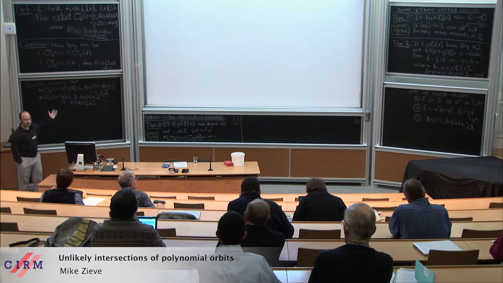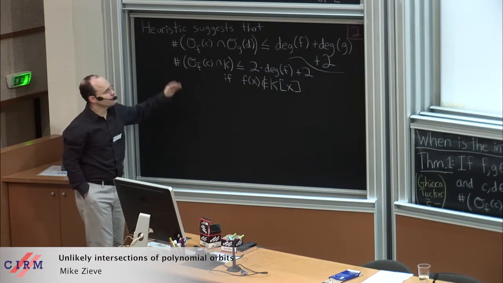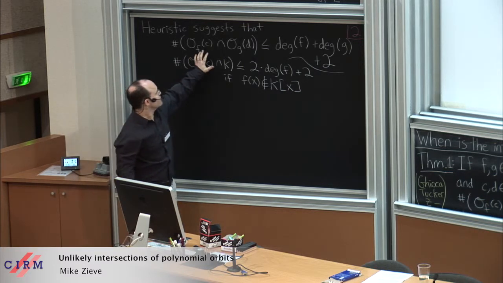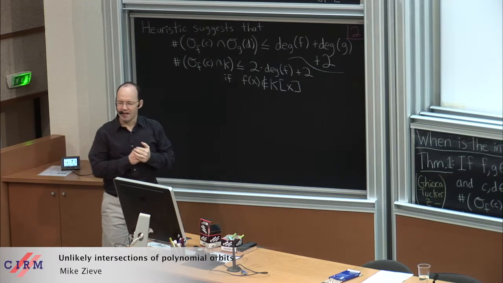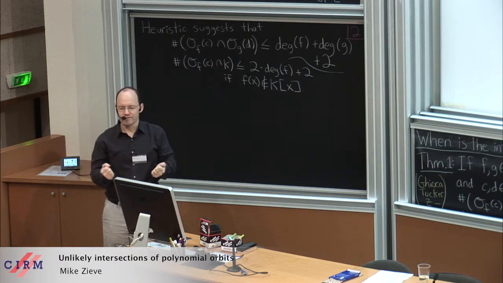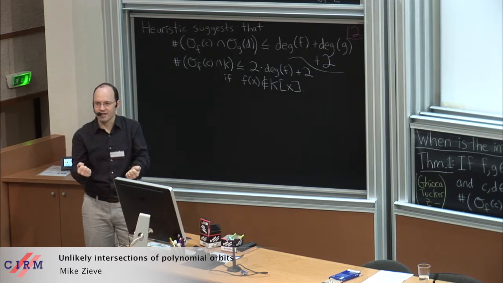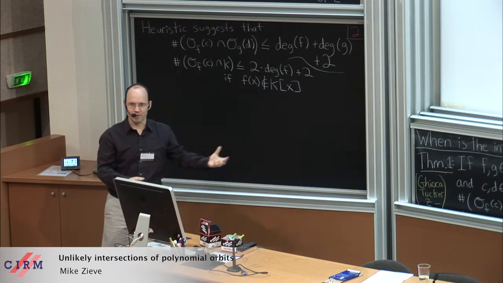So the topic is unlikely intersection. So first we have to know what likely is. So the question is, what do we expect? We can make a heuristic, and the heuristic is easier for the intersection of orbits. If I have two polynomials of fixed degrees, say degrees 5 and 7, then the number of coefficients is 6 for one of them and 8 for the other.